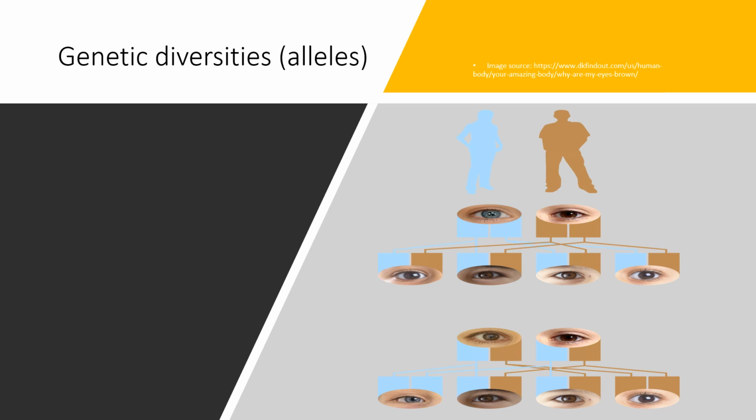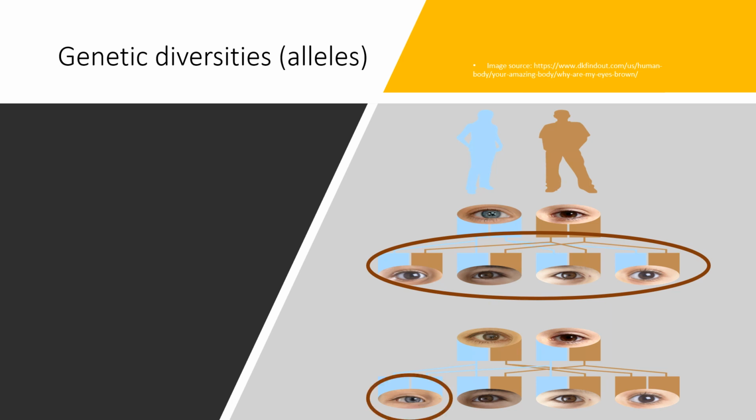Each child has inherited a blue eye gene from their mother and a brown eye gene from their father. They all have brown eyes because brown eye genes are dominant. But heterozygous brown-eyed parents give rise to homozygous brown-eyed, heterozygous brown-eyed, and homozygous blue-eyed offspring.